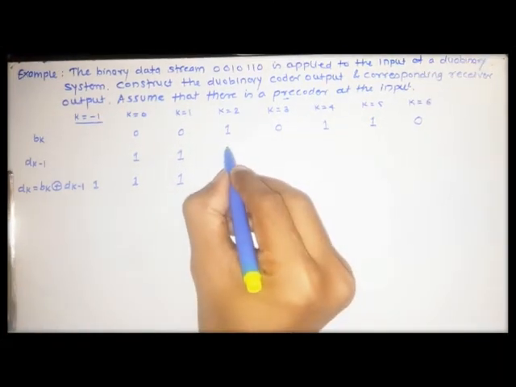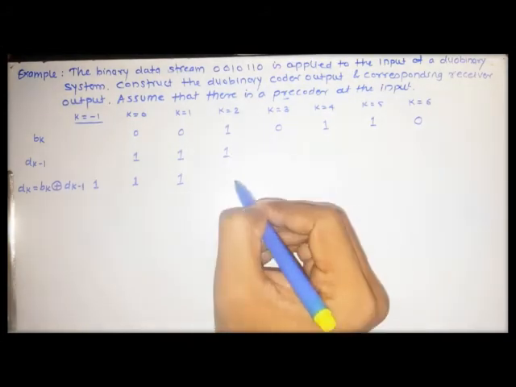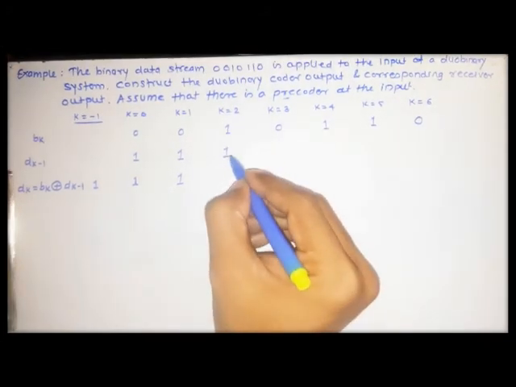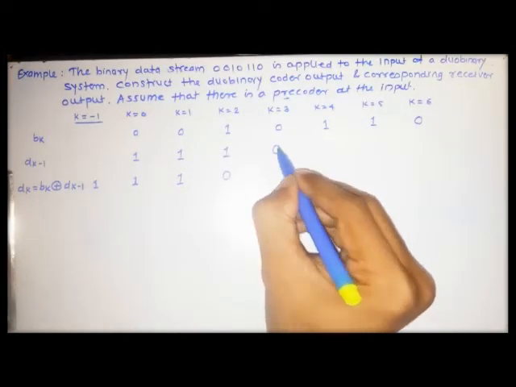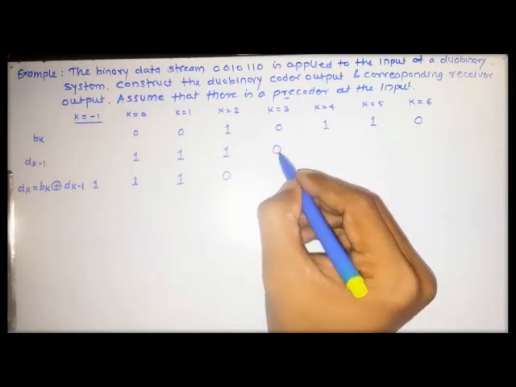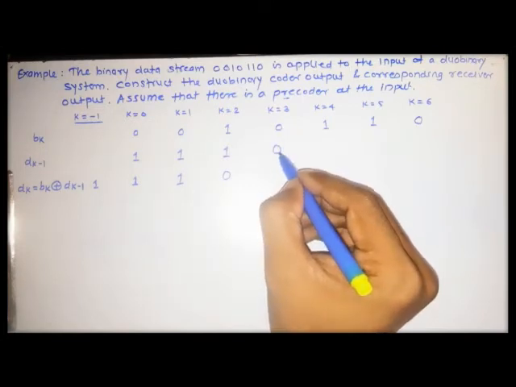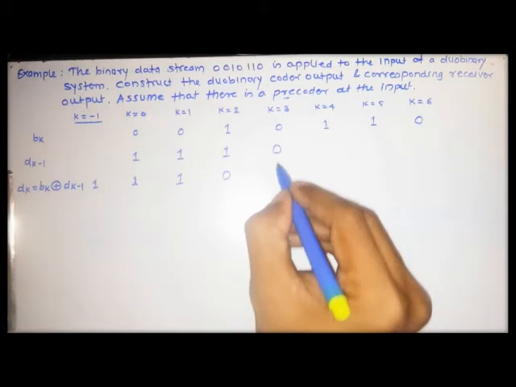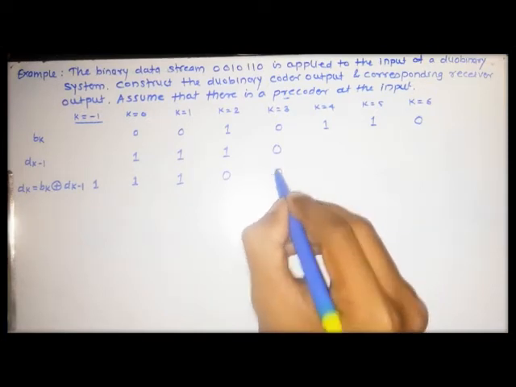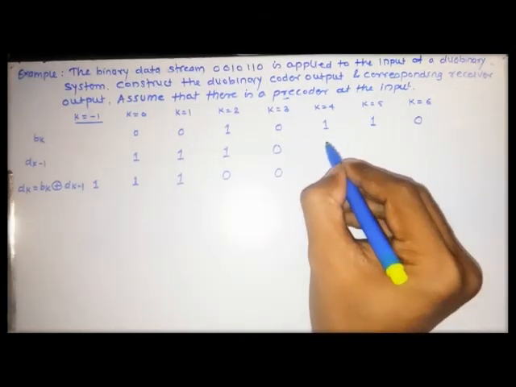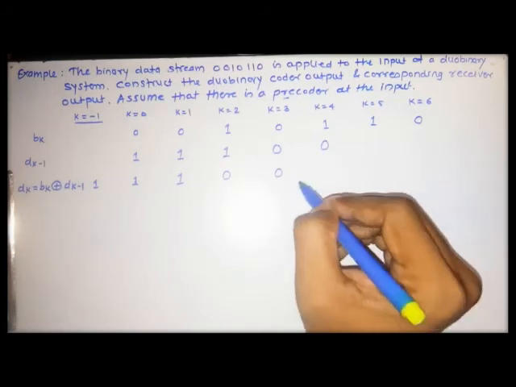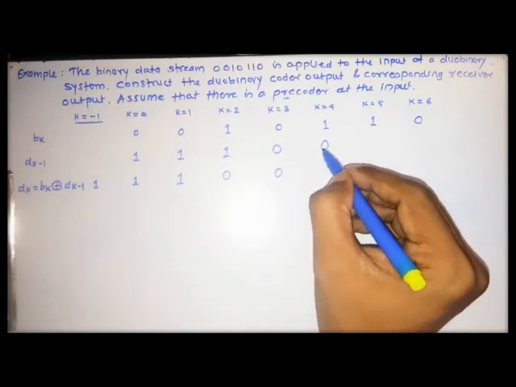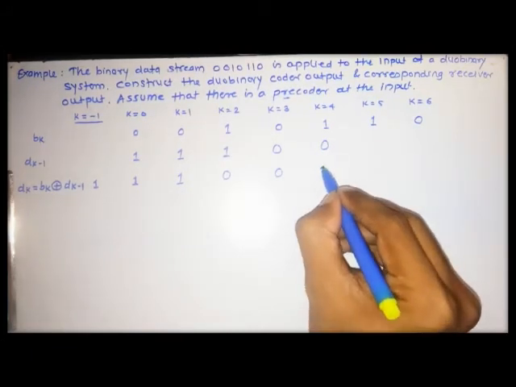Now the next bit is again 1. 1 XOR with 1 becomes 0. The next bit becomes 0. 0 XOR with 0 becomes 0. Now the next bit becomes 0. 1 XOR with 0 becomes 1.